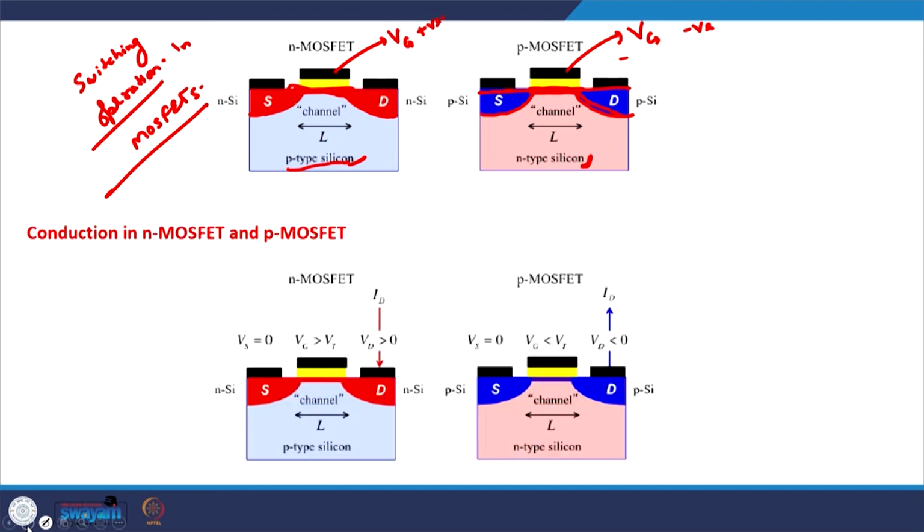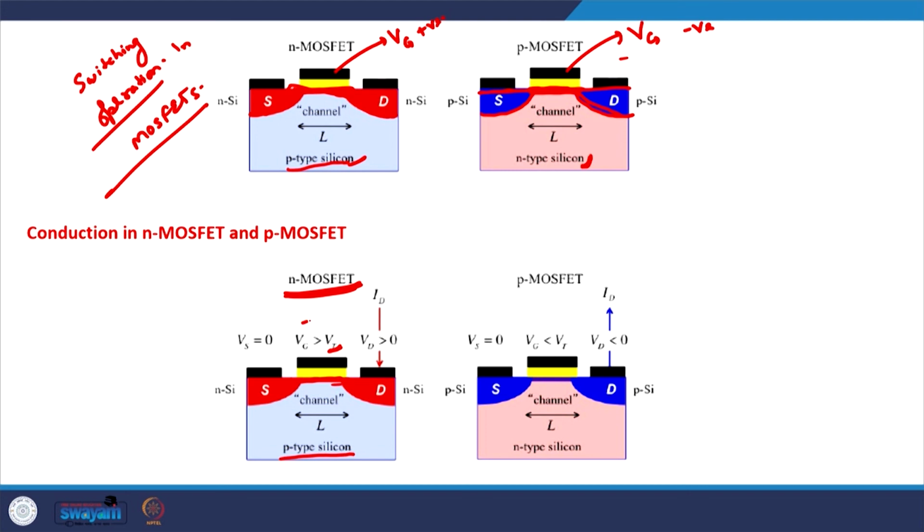Okay. So, this is the summary of conduction in n-MOSFET and p-MOSFET. n-MOSFET means that the channel is n-type, made out of electrons, which means that the body is p-type. In this case, the gate voltage should be positive and above a certain threshold voltage in order to make the channel in the body.